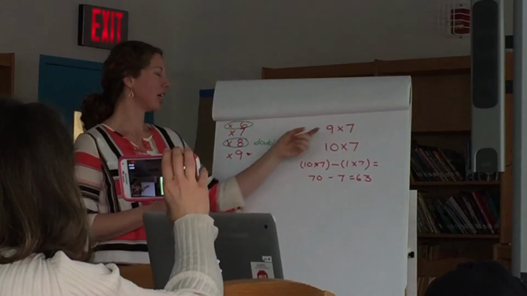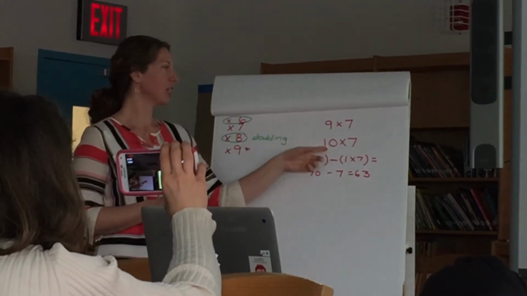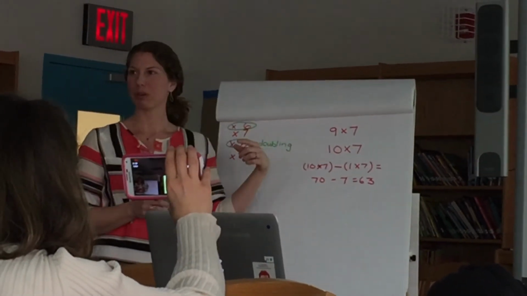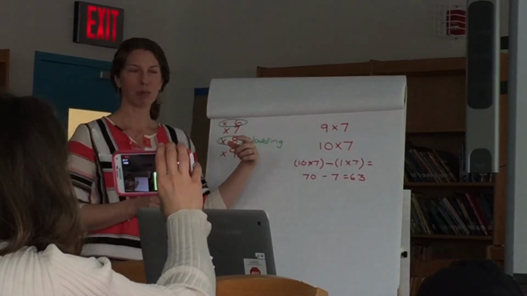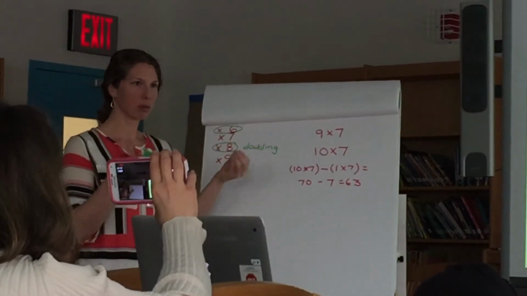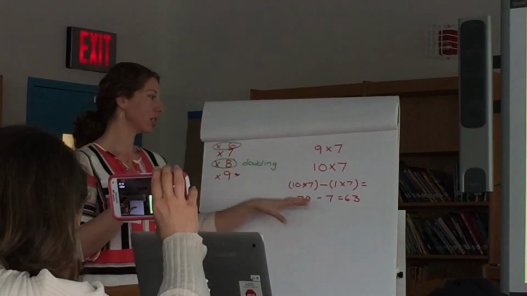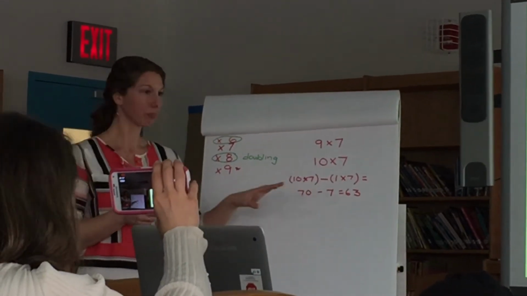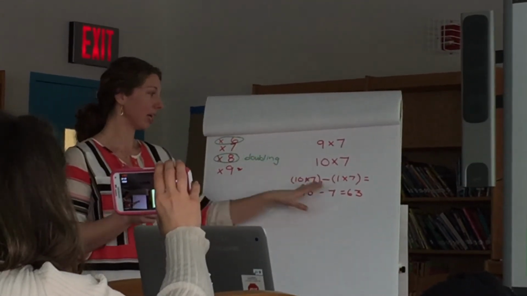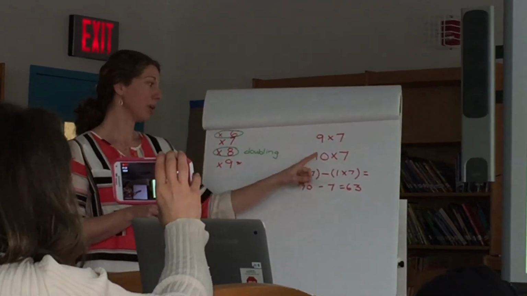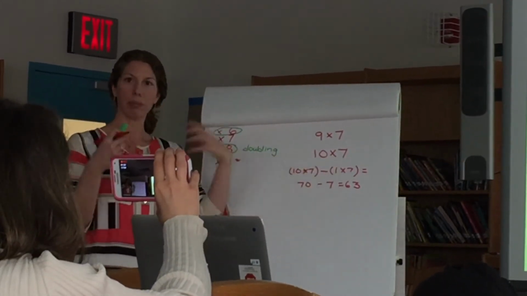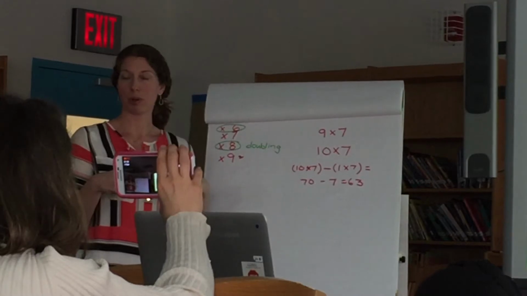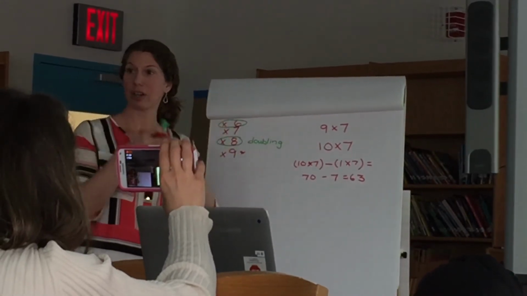If I just said, okay, 9 times 7, okay, I could do 10 times 7, but then they might remove a group of 9. So really thinking about sticking in that groups of language really supports students and even using the distributive property. And you could use a distributive property. This is called the distributive property over subtraction because we're removing a group, but you could use a distributive property over addition when you're adding on a group.